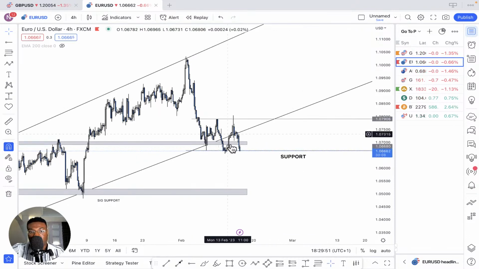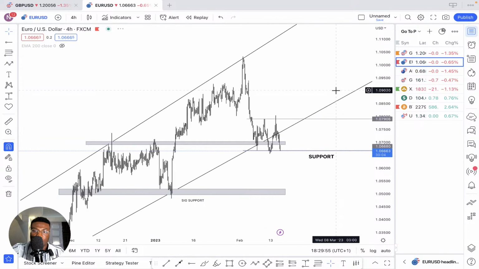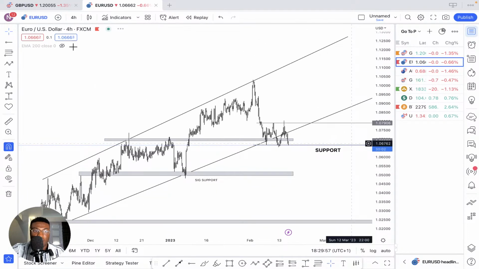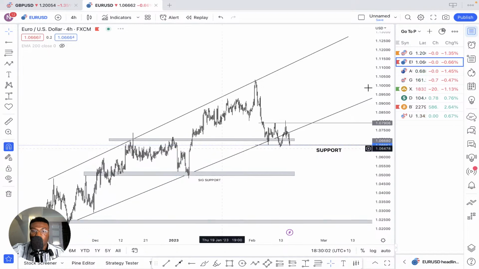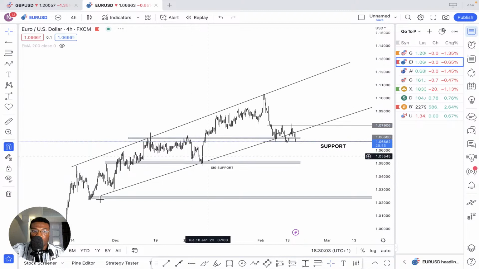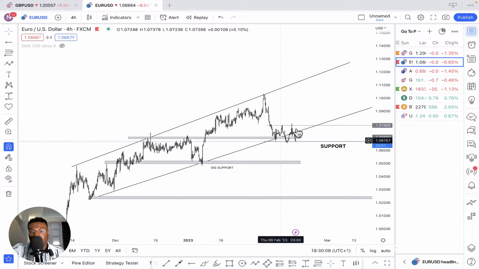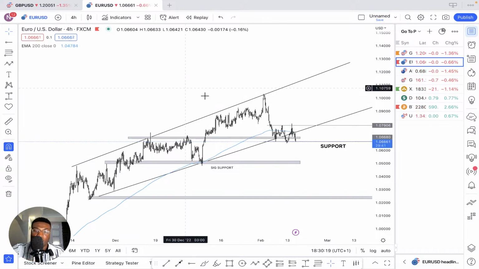So you see that it's clearly bouncing off, but one important thing you should keep in mind is that we're still trading within this channel. We don't have any sustained bearish momentum until we break this support level, and we don't also have any sustained bearish momentum below the 100 period moving average.